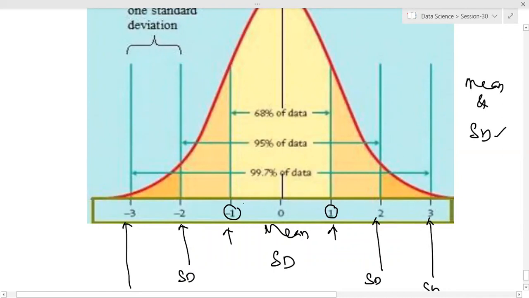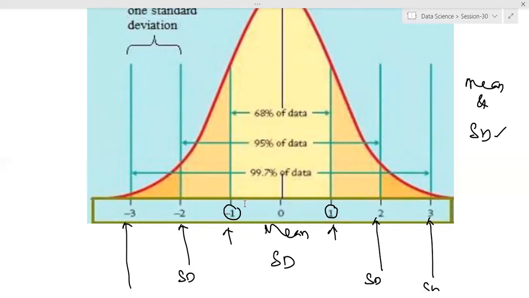In front of you this diagram is there, and I have given a clue also by writing the standard deviation. You can observe the relativity between mean and standard deviation.